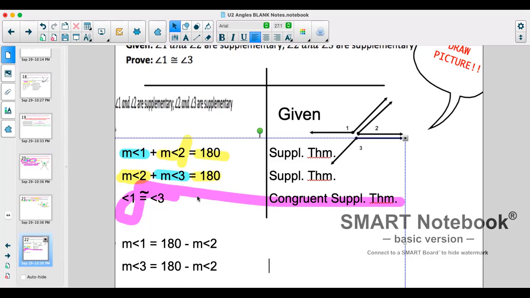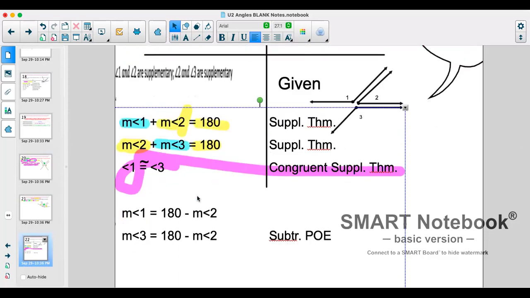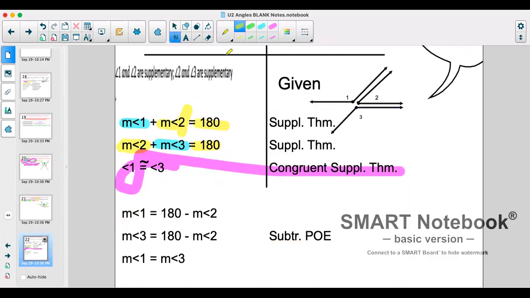And I'm able to do that by the subtraction property of equality. Then my next step could be the measure of angle 1 equals the measure of angle 3. Why am I able to do that? Well, I'm able to do that because these 2 things are equal, which means I can sub this out and put in the measure of angle 3 in its place.